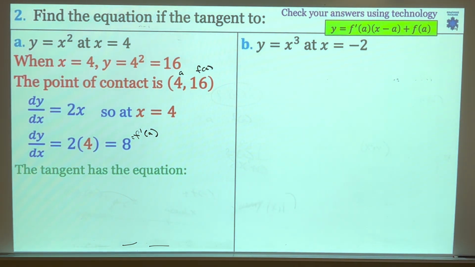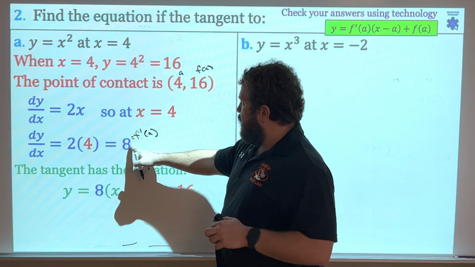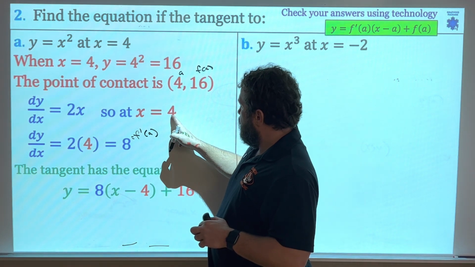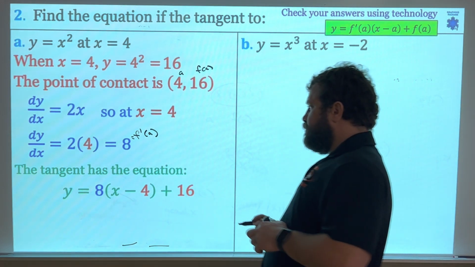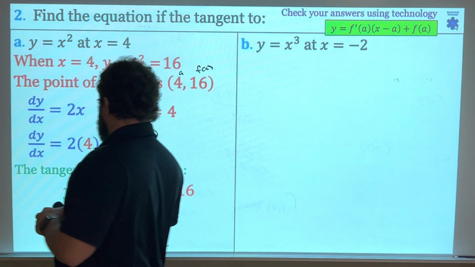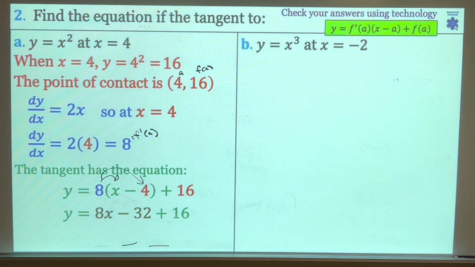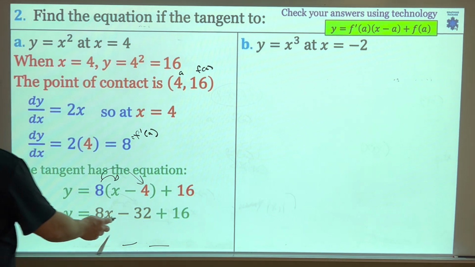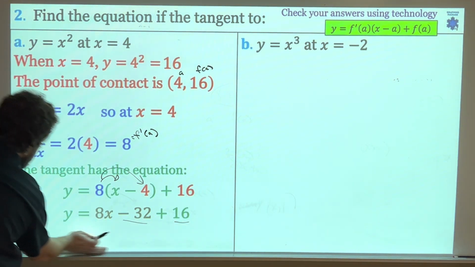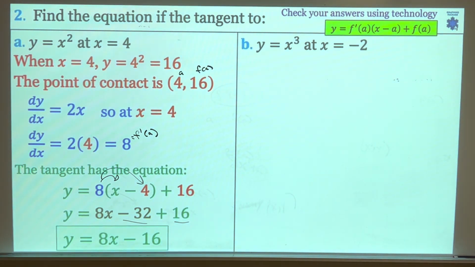So the tangent equation is y equals 8(x minus 4) plus 16. Distribute the 8: 8x minus 32 plus 16. Negative 32 plus 16 is negative 16. So y equals 8x minus 16.